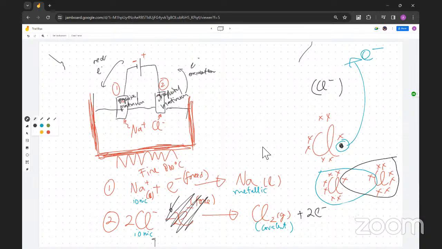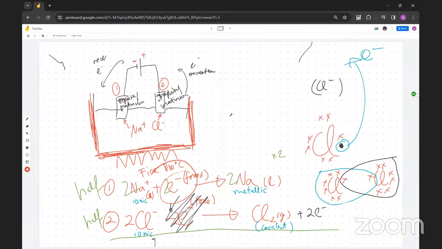Now, for the final presentation, they want you to combine these 2 reactions into the total reaction. They will call this the first half and this the second half. Give me the total reaction. Well, before you total the reaction, you have to times 2 here: 2, 2, 2. Do you know why? Because 2 electrons and 2 electrons.